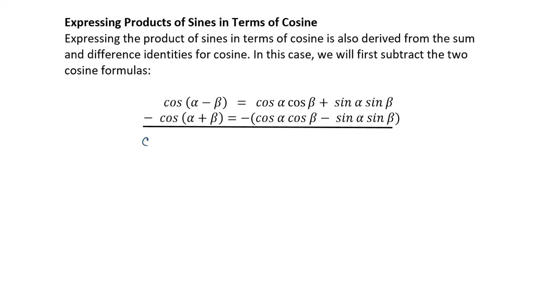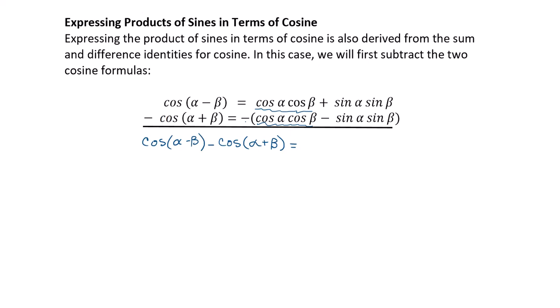This gives me a cosine of alpha minus beta minus the cosine of alpha plus beta, and that is going to equal, here I have the cosine of alpha, cosine beta, minus the cosine alpha, cosine beta, so that goes away.